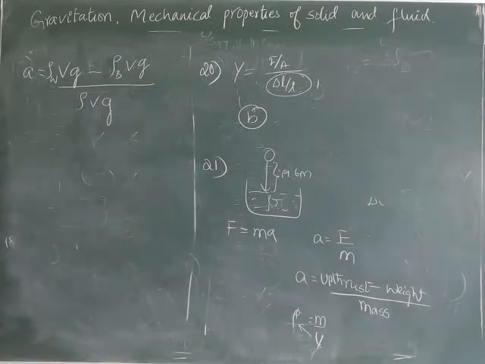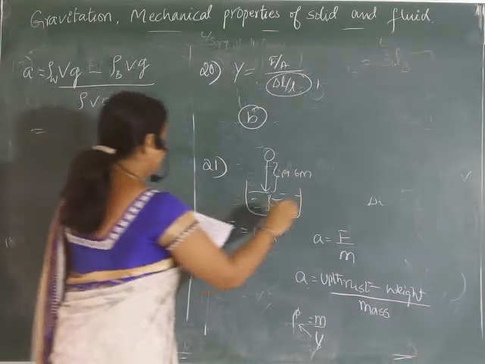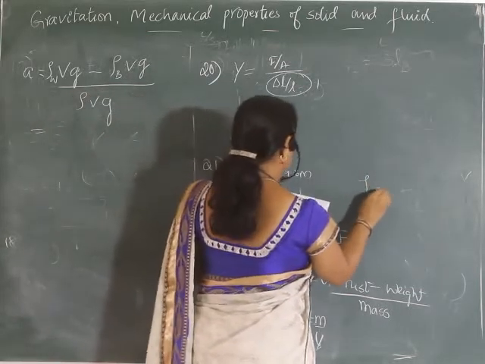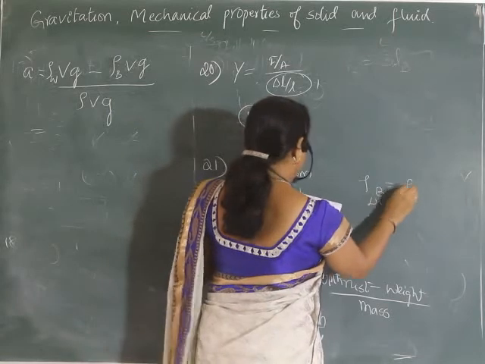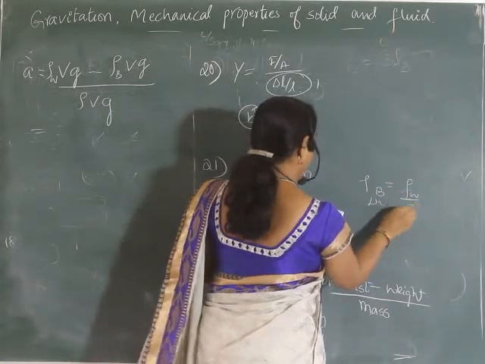Correct? Now help me, how can we solve? It is given the density of the ball is half of the density of water.